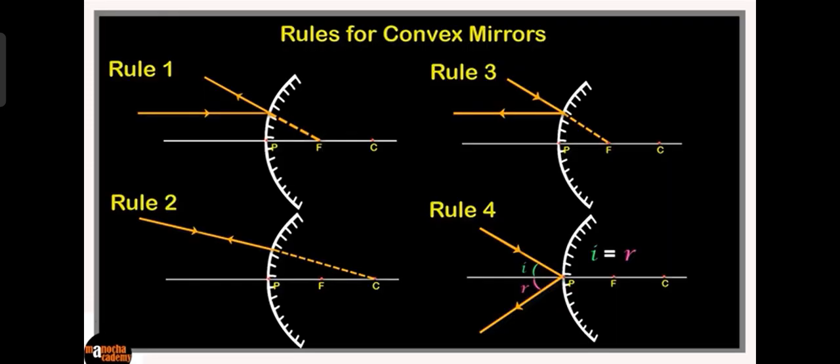Let's place the 4 rules that we have learned for convex mirrors on our concept board. Similar to concave mirrors, avoid using the 4th rule unless really necessary, because measuring angles accurately with your protractor is hard and it can lead to inaccuracies in your diagram.